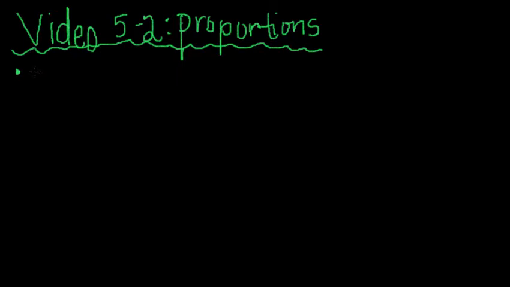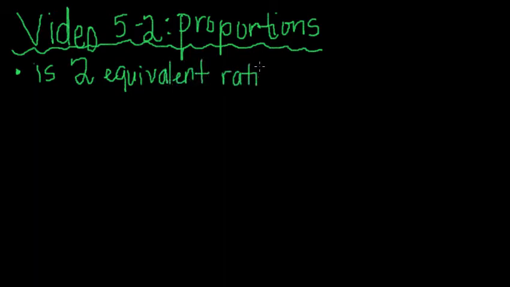Okay, so the first thing, we're just going to do some bullet points about proportions. A proportion is two equivalent, which means equal, ratios. And we've just learned about ratios, and all a ratio is a comparison between two items or two different items.